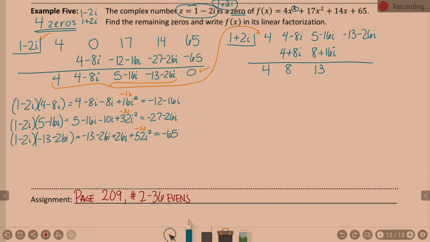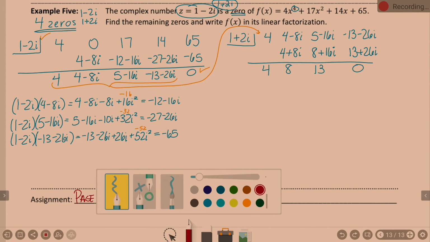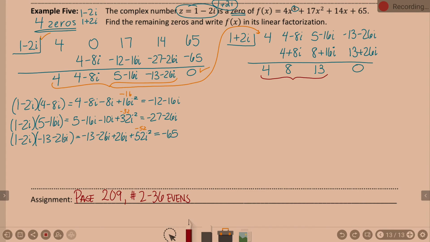Multiply. 1 plus 2i times 13. 13 plus 26i. Now what happens when you add these? 0. You get 0 here. Okay? And somehow all of our i's just disappeared, and we have something we can work with now, yes?